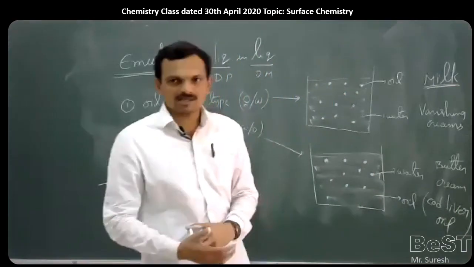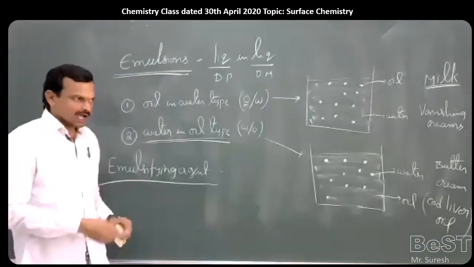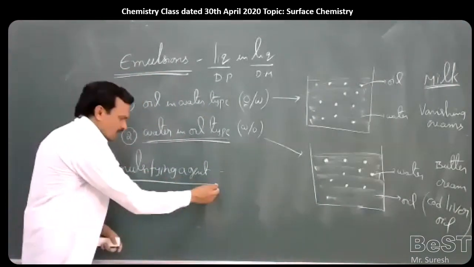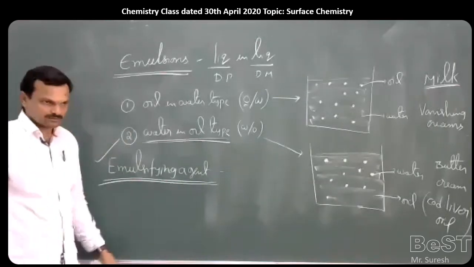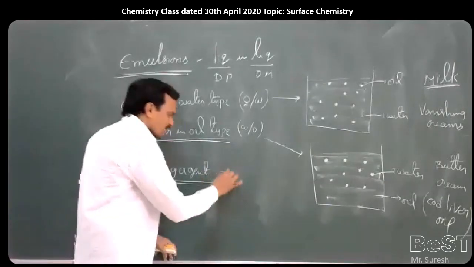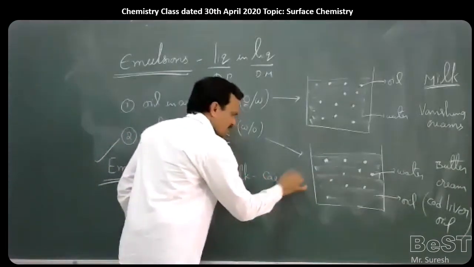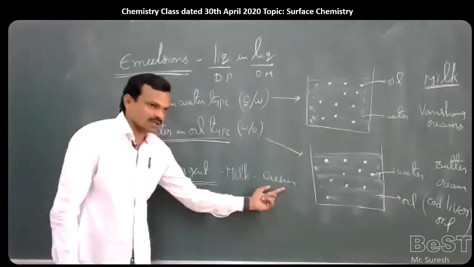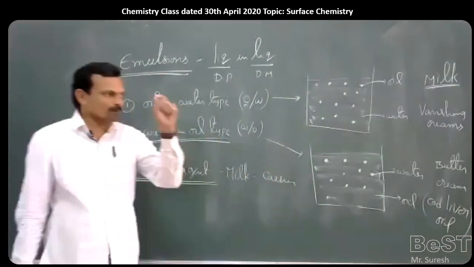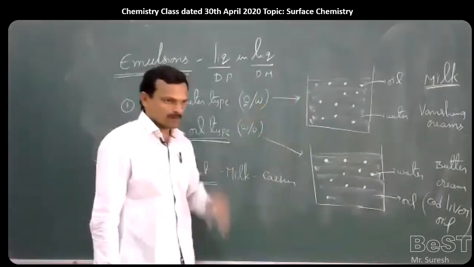To keep the emulsion stable, we add a third substance in small amounts, and that substance is called an emulsifying agent. As we discussed earlier, milk contains casein, which acts as an emulsifying agent. Casein present in the milk keeps the milk emulsion stable.